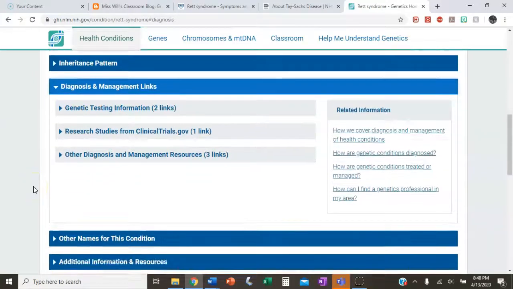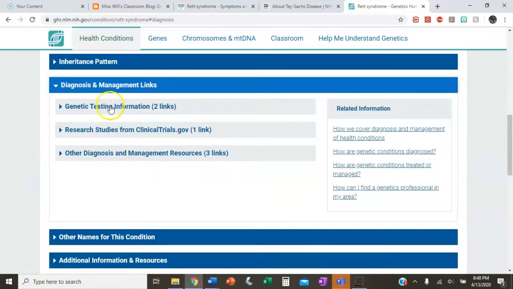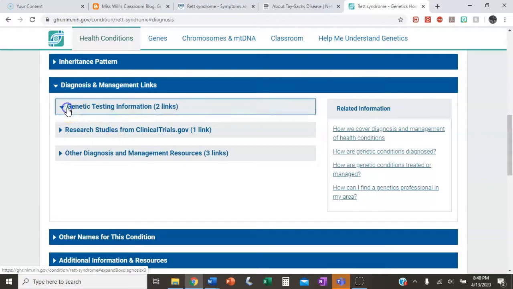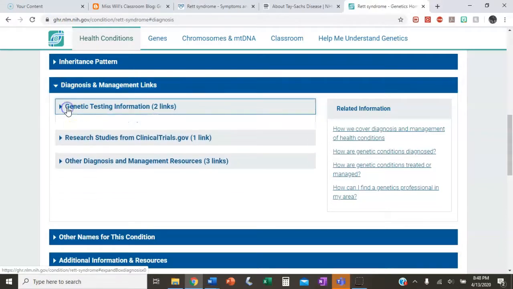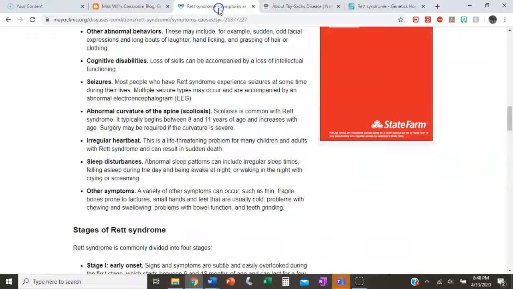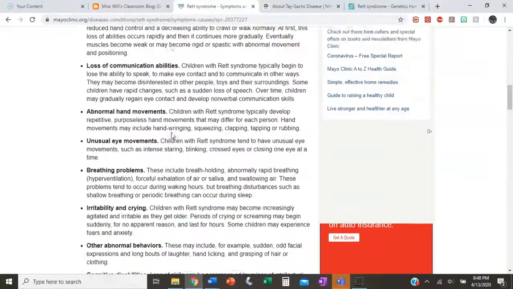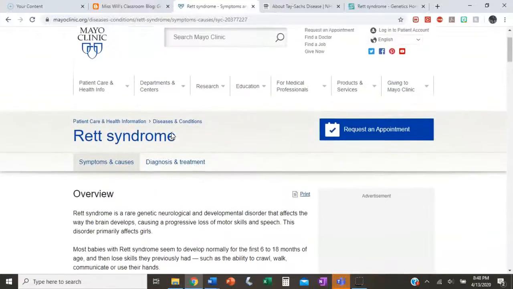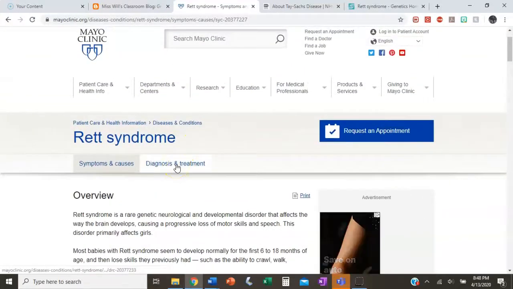All right, so here sometimes it will give a link to tell us different ways that it's diagnosed. Sometimes it doesn't give that information, but if we go back to, say, the Mayo Clinic, they talk about diagnosis as well as treatment.